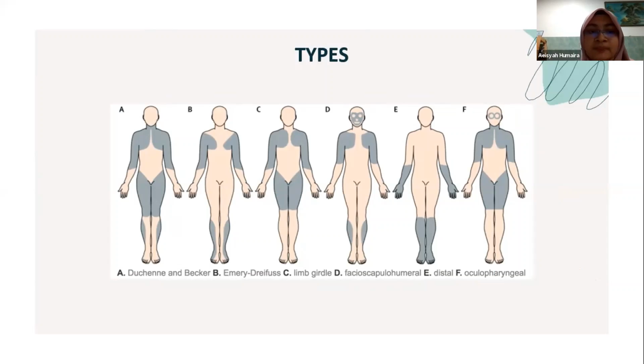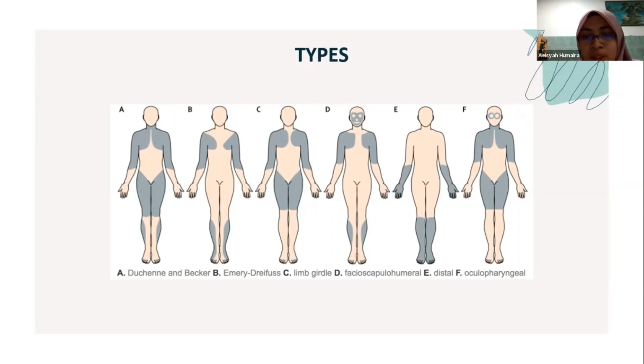So for the types, in Duchenne and Becker, the weakness appears first at the upper arm and also upper leg. For Emery-Dreifuss, it appears at the arm, leg, heart and joint. And for the limb-girdle, it appears first at the upper arm and upper leg.